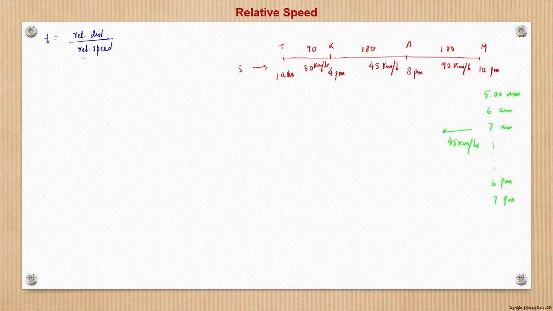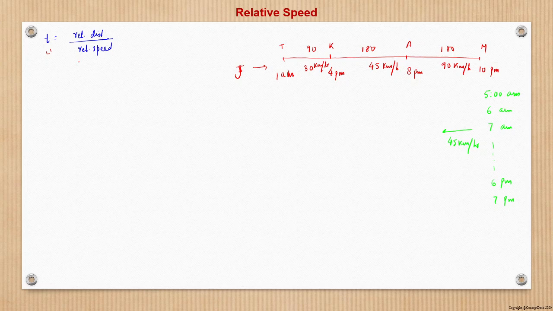So the time basically depends upon the relative speed. What is the relative speed? Initially, Jodhpur is moving at a speed of 30 km per hour, and the passenger train at 45, so the relative speed is 75. In this patch, the relative speed is 90, and in this patch, the relative speed is 135. So the higher the relative speed, the lower the time between two meetings, right?